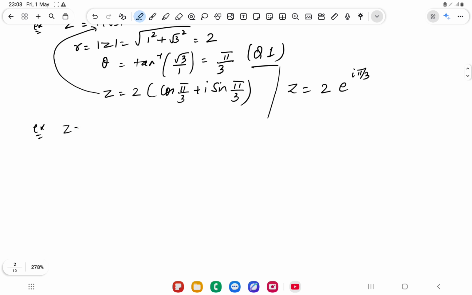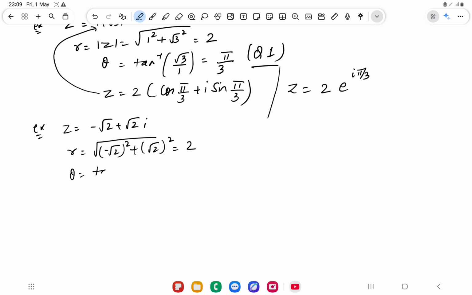Another example I can take as minus root 2 plus root 2i. So we will first find out the modulus, that is the square root of minus root 2 squared plus root 2 squared, that will be 2. Now the argument will be tan inverse b by a, which is tan inverse minus 1.